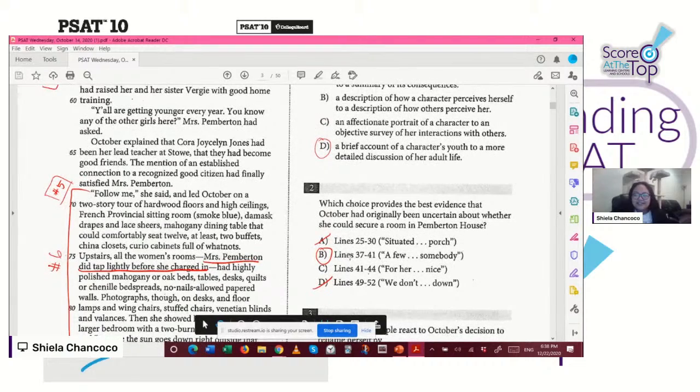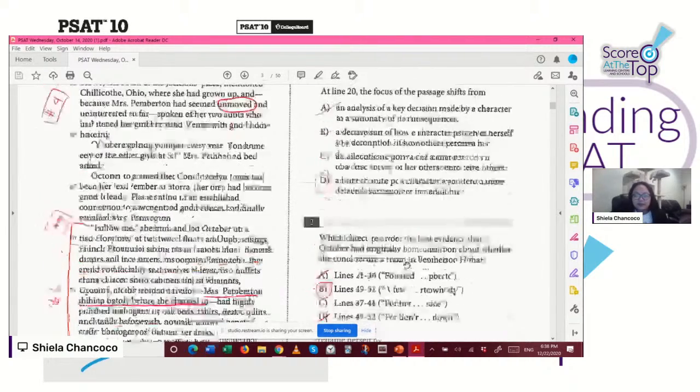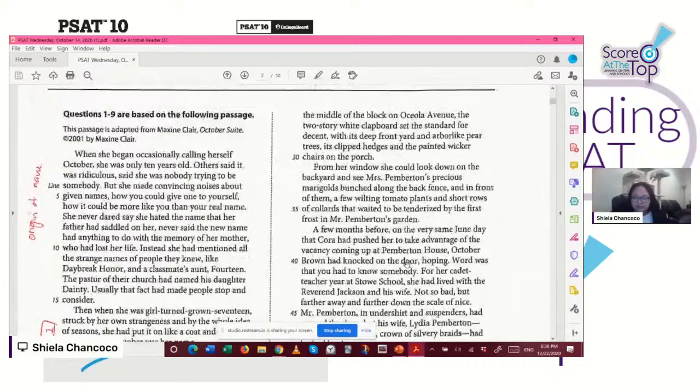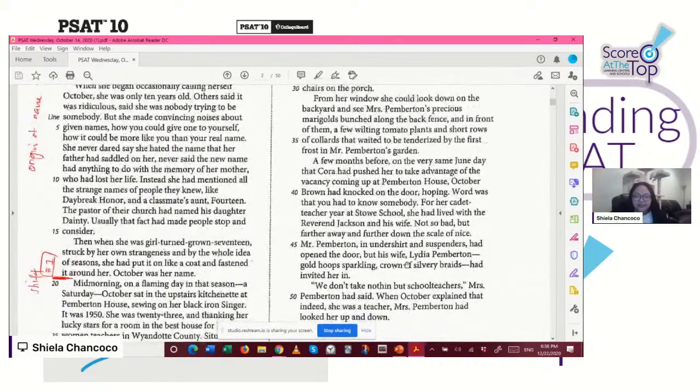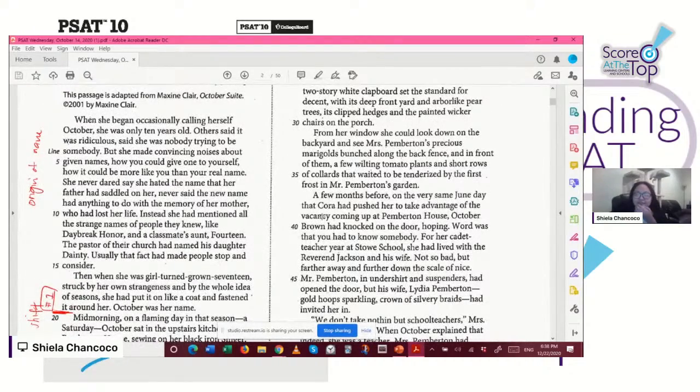So B here, it's line 37 to 41, right? I unfortunately didn't mark it here. So 37 to 41: a few months before, on a very same June day, and that Cora had pushed her to take advantage of the vacancy coming up at the Pemberton house, October Brown had knocked on the door, hoping.